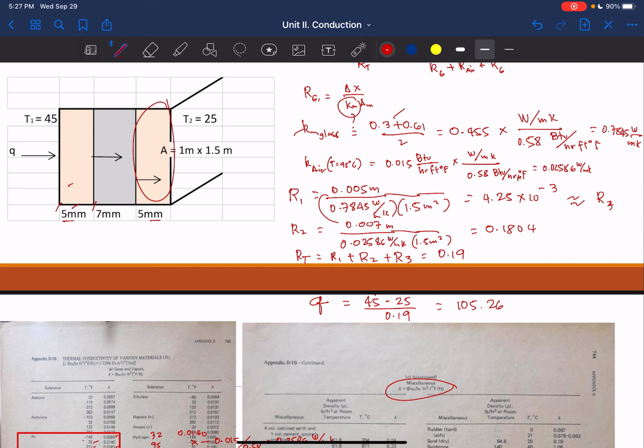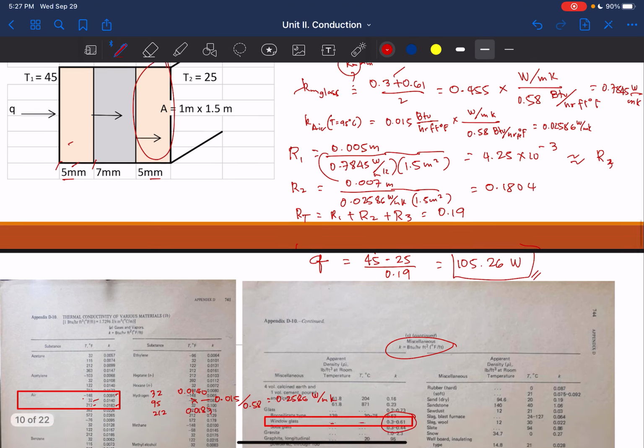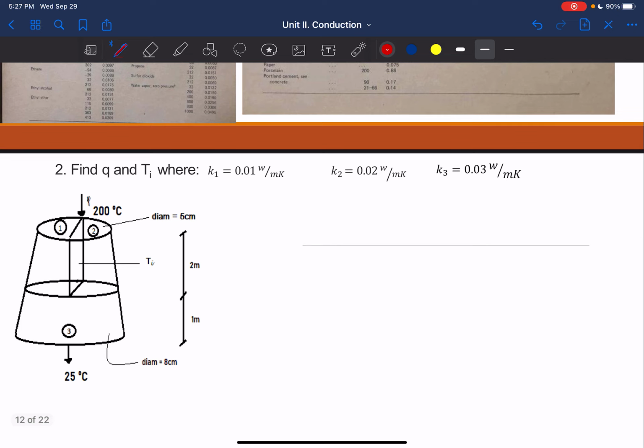Okay, so that would be for your Q. So this would be your final answer. Okay, so let's proceed with the second.